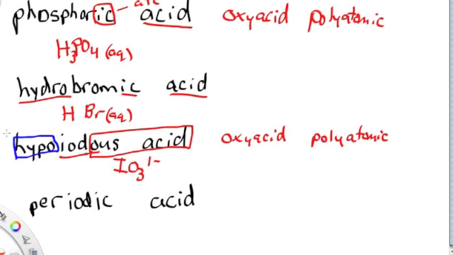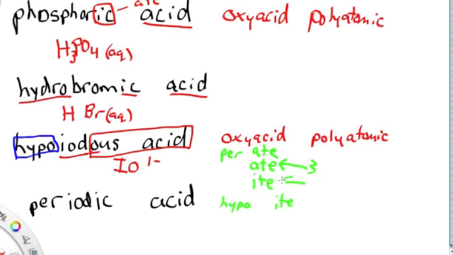This is an us acid, and so what I need to do is I don't have the full complement of hydrogens. We have, let's go over here, ate, ite, hypoites, and way up top is a per ate. So this is the normal number of oxygens, IO3 in this case.